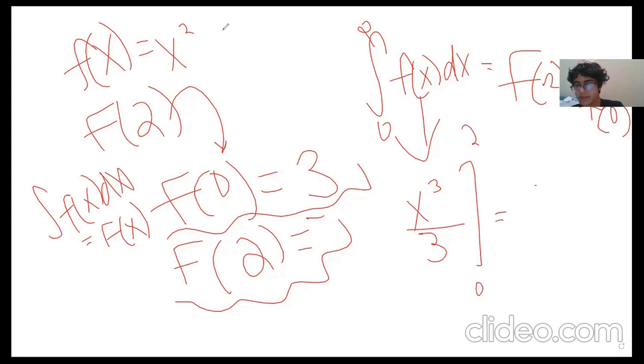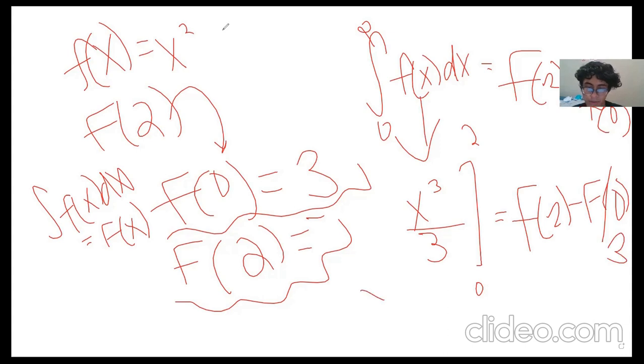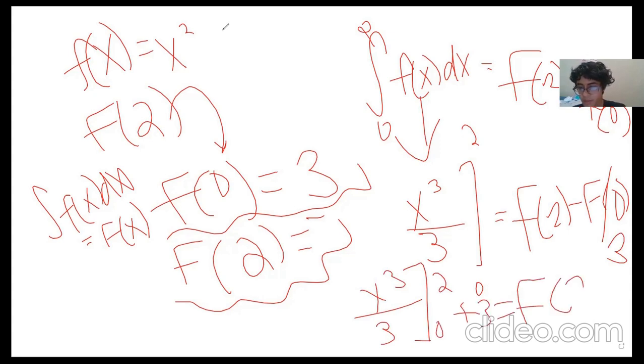And you have your bounds, and you equal F of 2 minus F of 0. Say, okay, I know what F of 0 is. It's 3. So then all you do is you do this plus 3 on both sides, and bam, that's a shortcut to getting your answer.